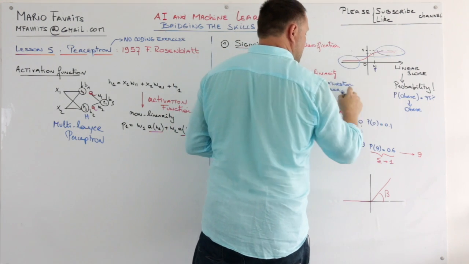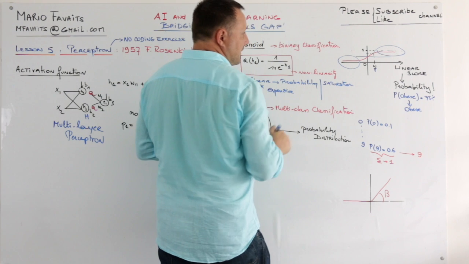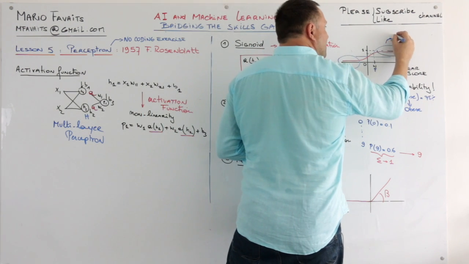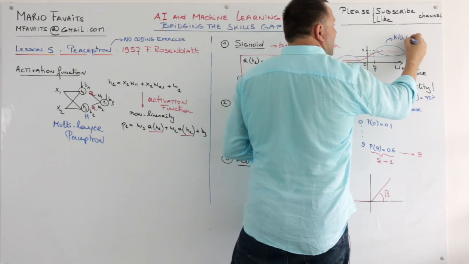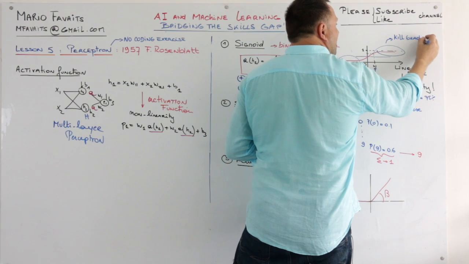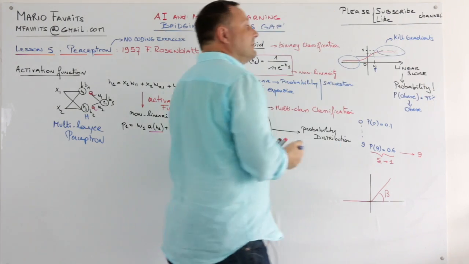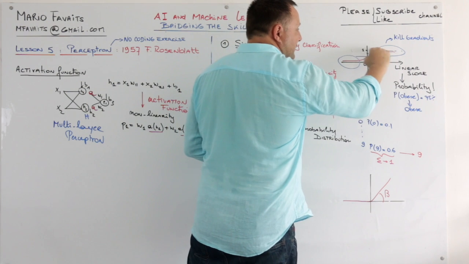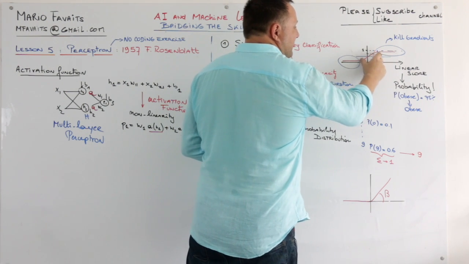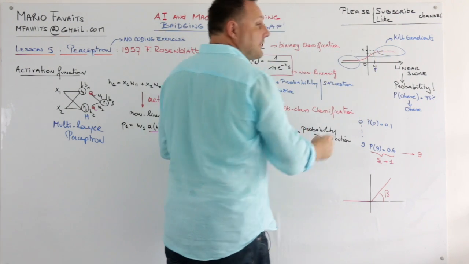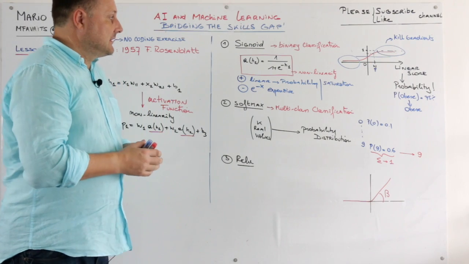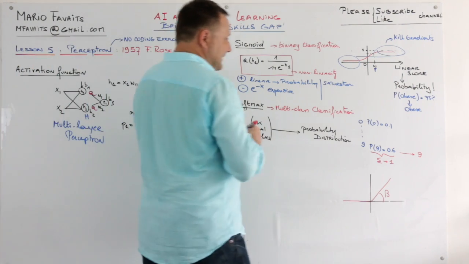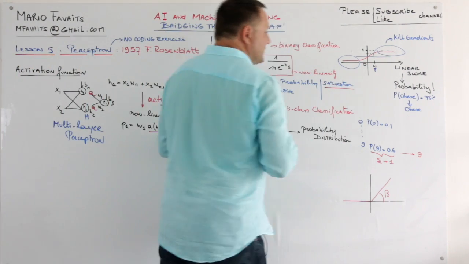The saturation will kill gradients. That's not very good, because the slope is almost horizontal, so your interesting piece is narrowly defined. That's one of the big issues of Sigmoid.